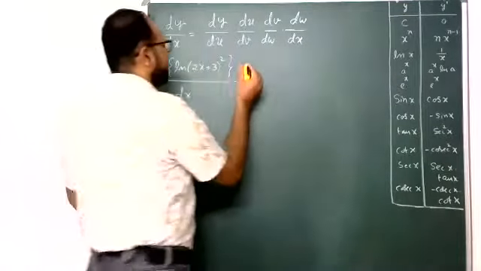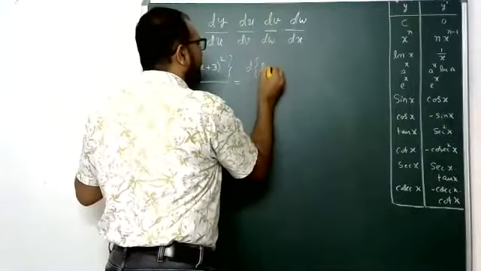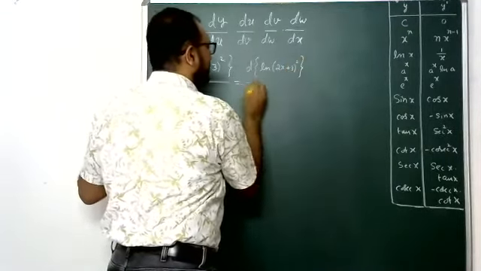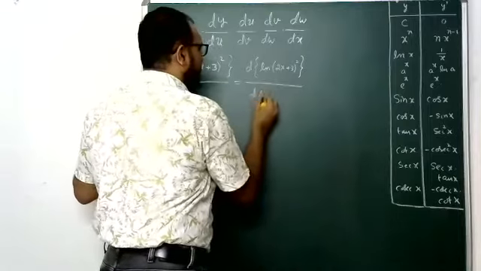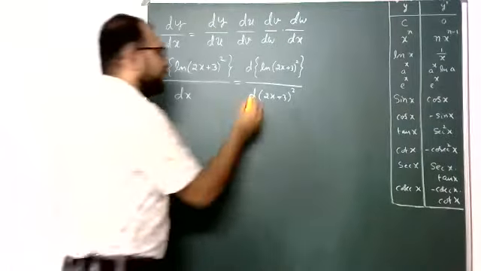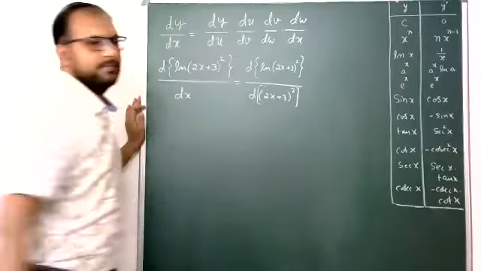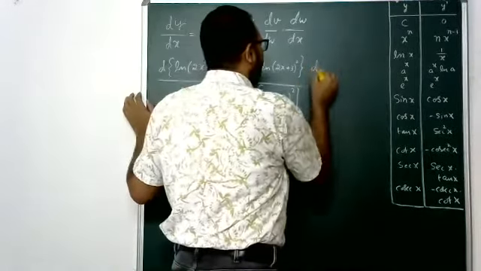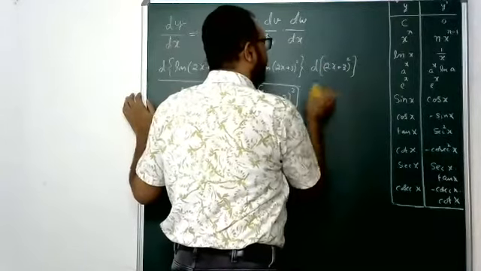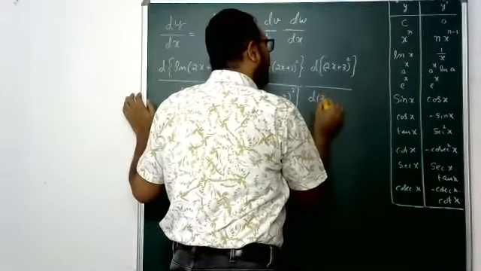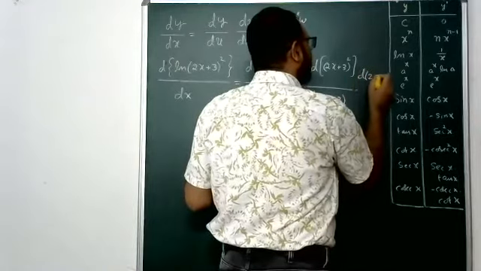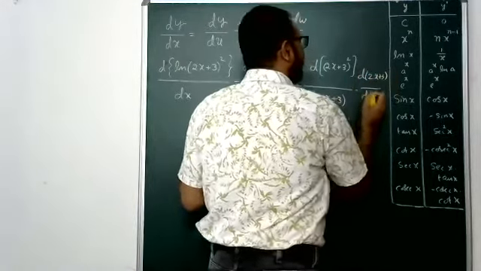This I am writing: the derivative of ln of (2x plus 3) whole square with respect to (2x plus 3) whole square, so the derivative of this, into the derivative of (2x plus 3) whole square with respect to 2x plus 3, into the derivative of 2x plus 3 with respect to x.